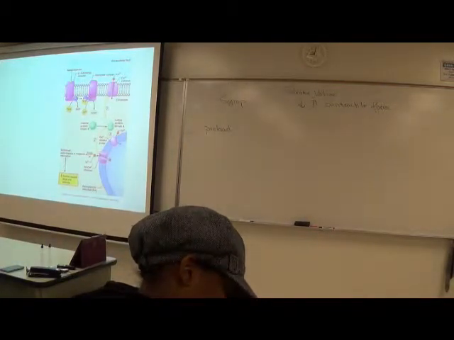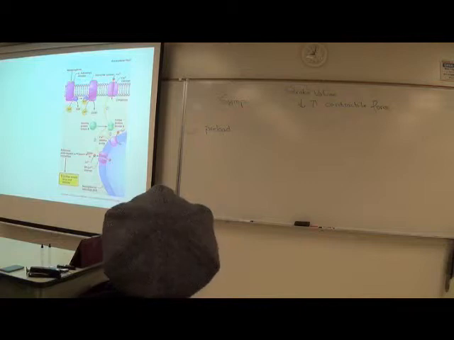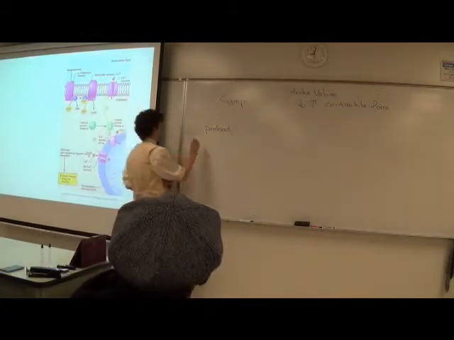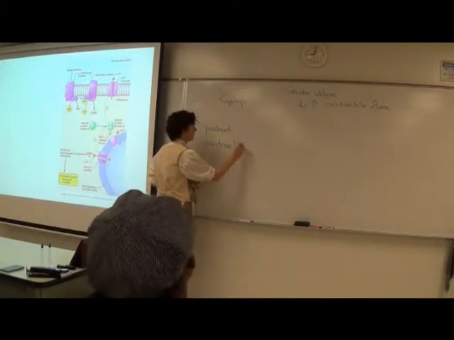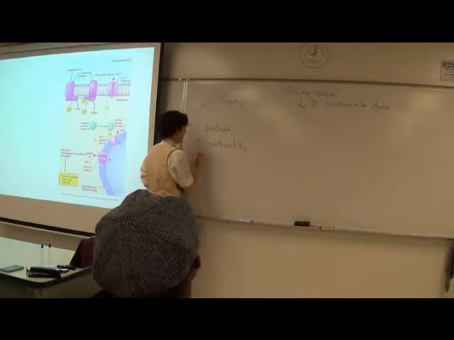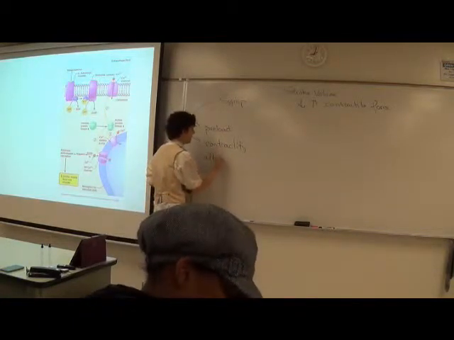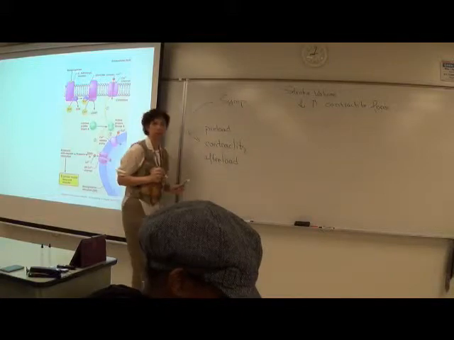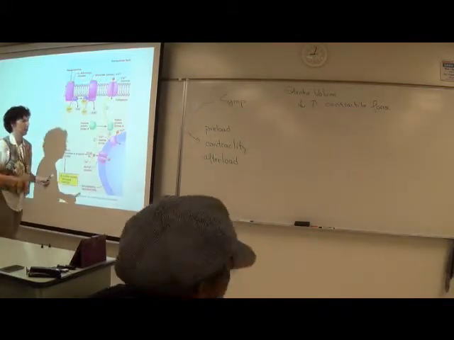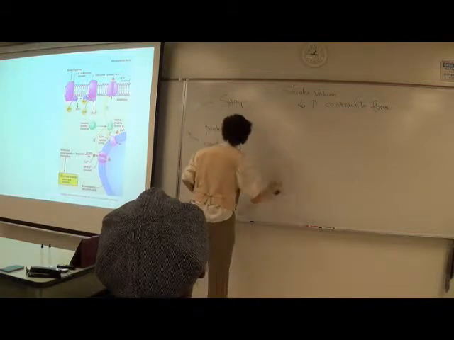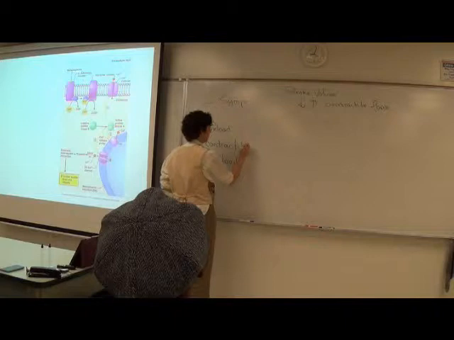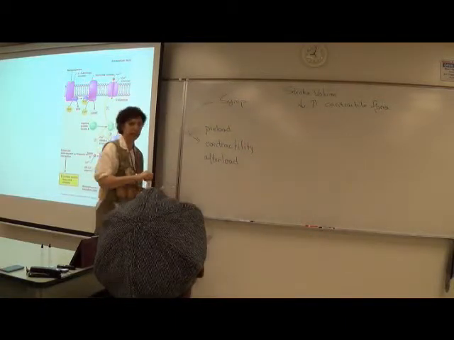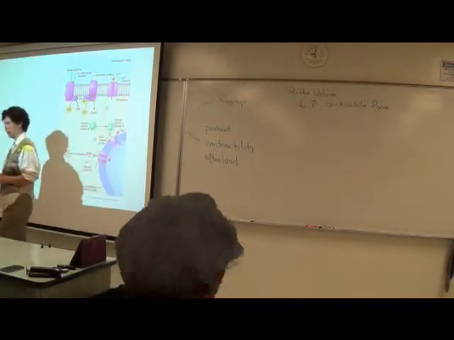Preload has nothing to do directly with contractility, though indirectly it does. So this is where sympathetic is going to come in. And then to some extent, afterload. Okay? I want to go to contractility first, because I have that up on the board. And then we'll come back to preload. So the next page talks about contractility or contraction force.